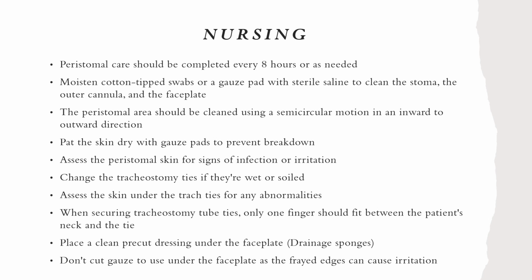And you can clean around the outer cannula of the trach as well, and the faceplate. The peristomal area should be cleaned in a semicircular motion, in an inward to outward direction. And we also want to dry it too. We don't want to leave that area moist. That's going to just harbor bacteria and cause irritation and breakdown.